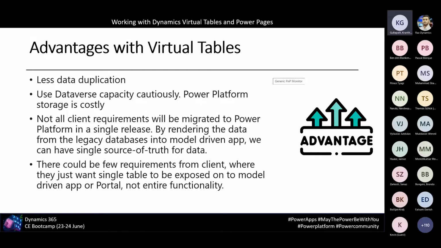In such cases, yeah, we can just create a virtual table and pull that. Whenever they try to search the users, they are going to see those particular attributes in our system. So yeah, we might have many use cases where just a single table needs to be displayed in the model-driven app from an external system.